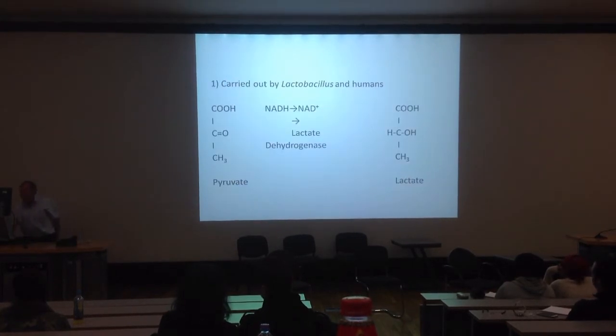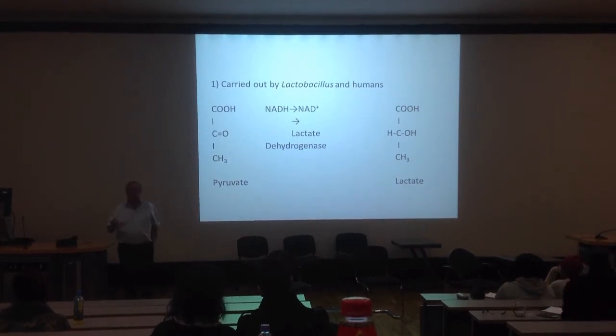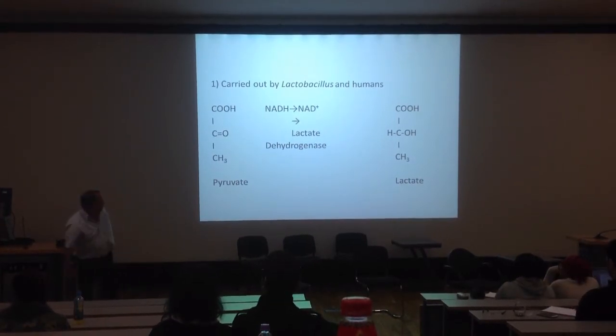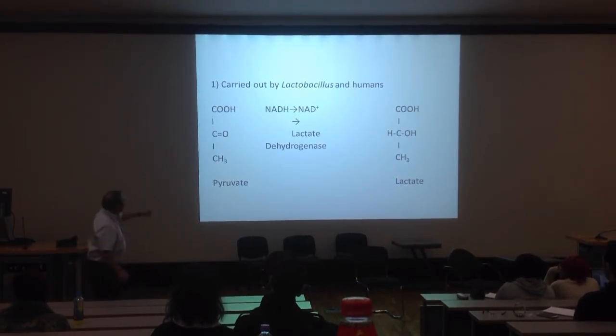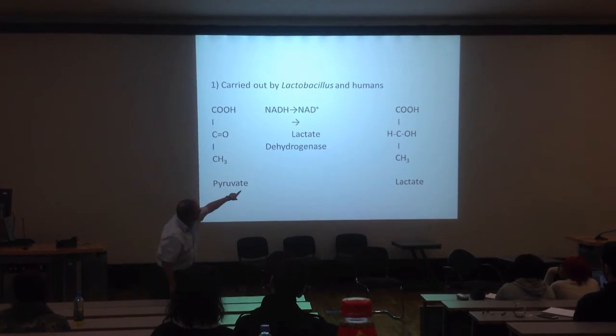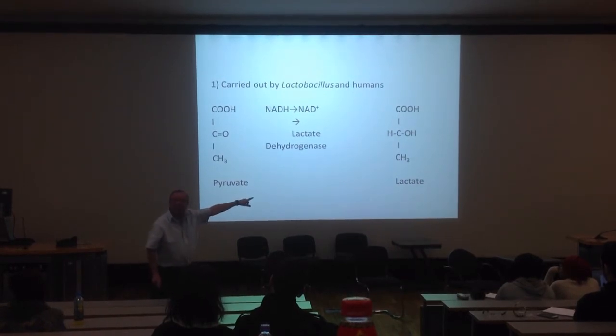So in humans, here's pyruvate, CH3, C double bond O, COH. We're adding on electrons. We're reducing the compound when we add on the electron. Could we reduce CH3 anymore? No. Lactic acid has a COH, so we're not surprised that we've got a COH over there as well.